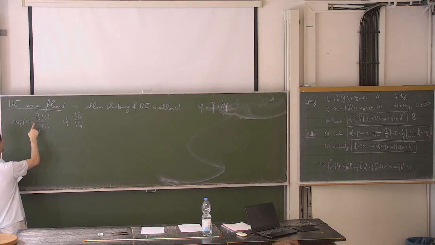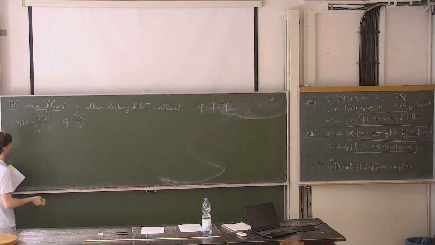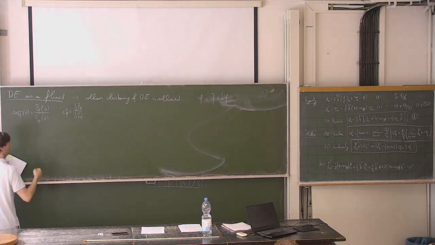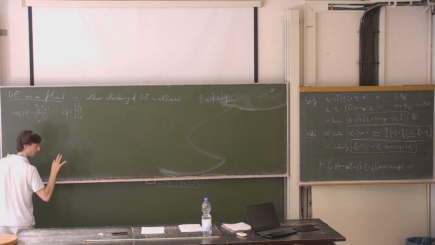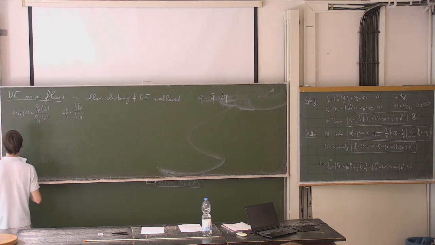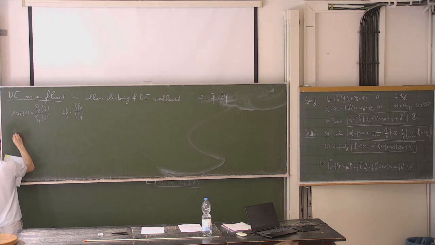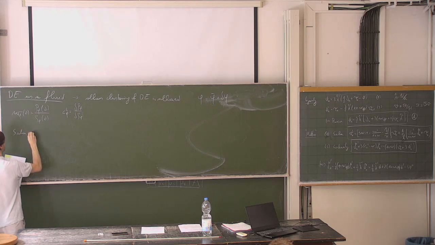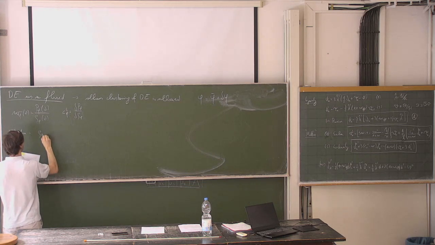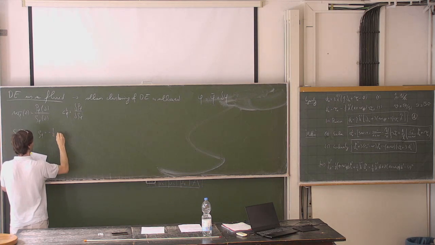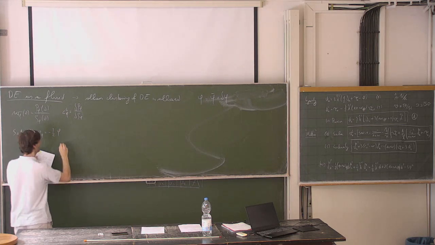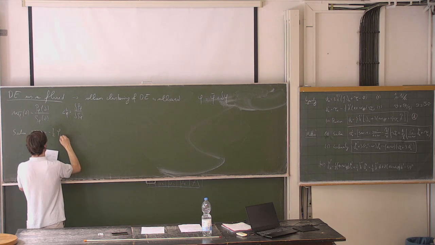Well, we know what is rho and p for dark energy, right? We are using an ideal fluid, so we are modeling it as a perfect fluid, and we know that the density is going to be minus 1/2. Then we have the derivative of the value of the field.